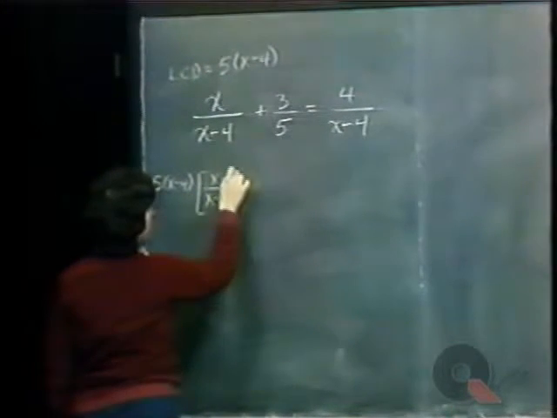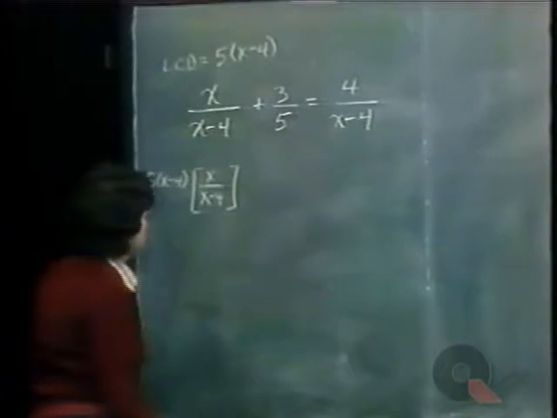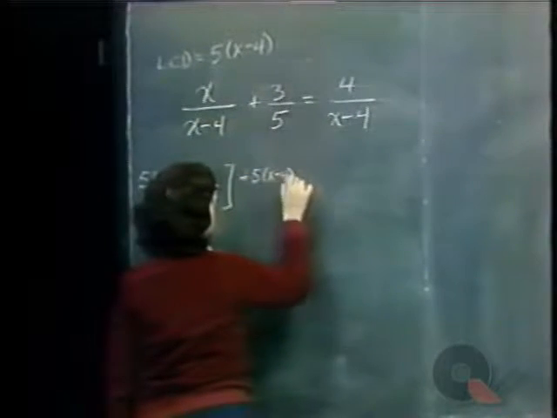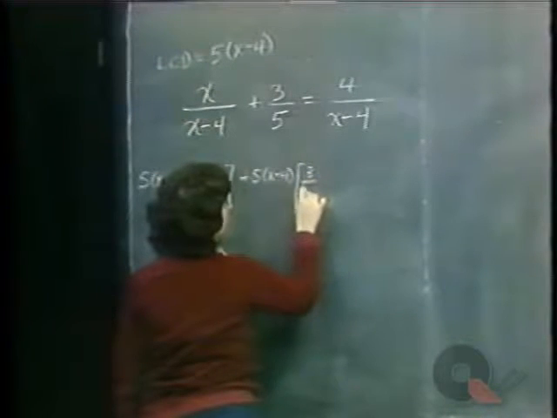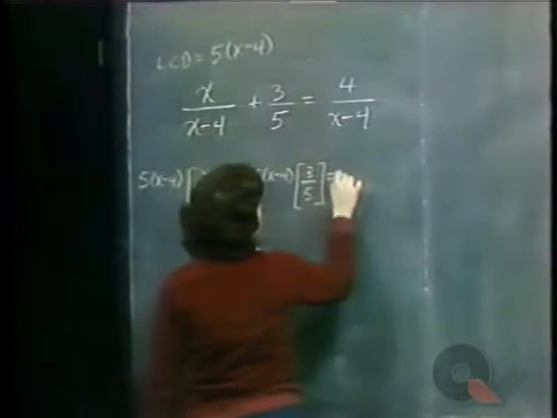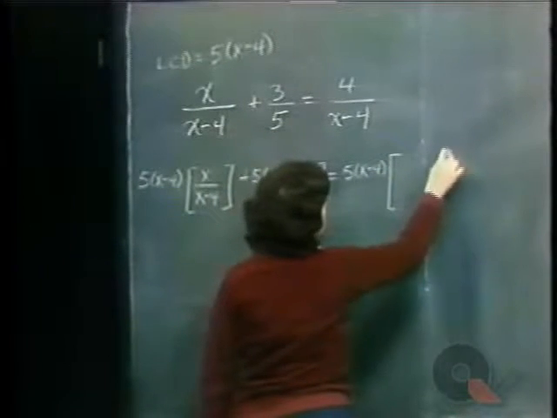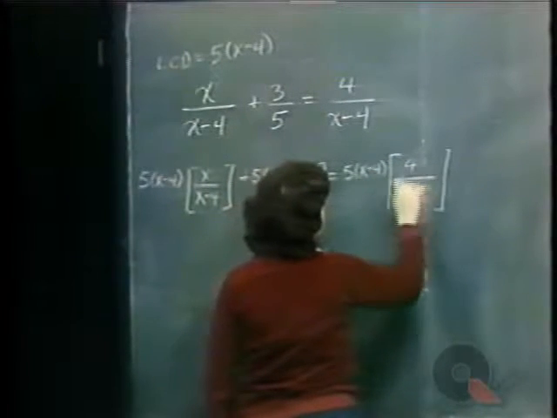We get 5 times x minus 4 times the first term, x over x minus 4, plus 5 times x minus 4 times the second term, 3/5, equals 5 times x minus 4 times the right side, which is 4 over x minus 4.